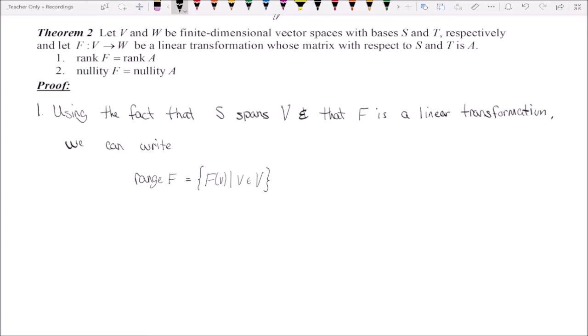Right, well, that means that v is a linear combination of vectors in S. So we can write this as F of c1 v1 plus so on and so forth plus cn vn, such that each vi is in S and each ci is a real number. Again, F is a linear transformation, so we can write this.